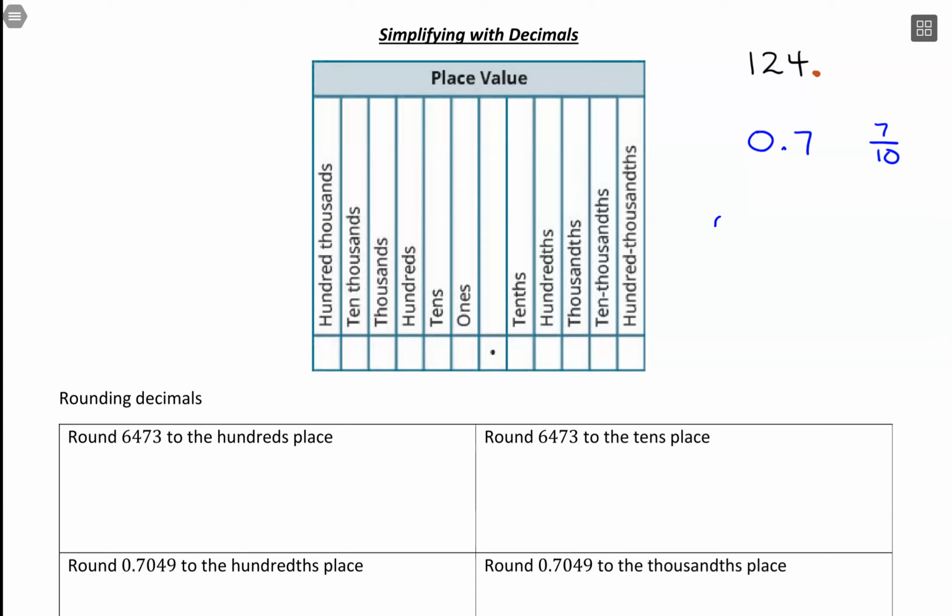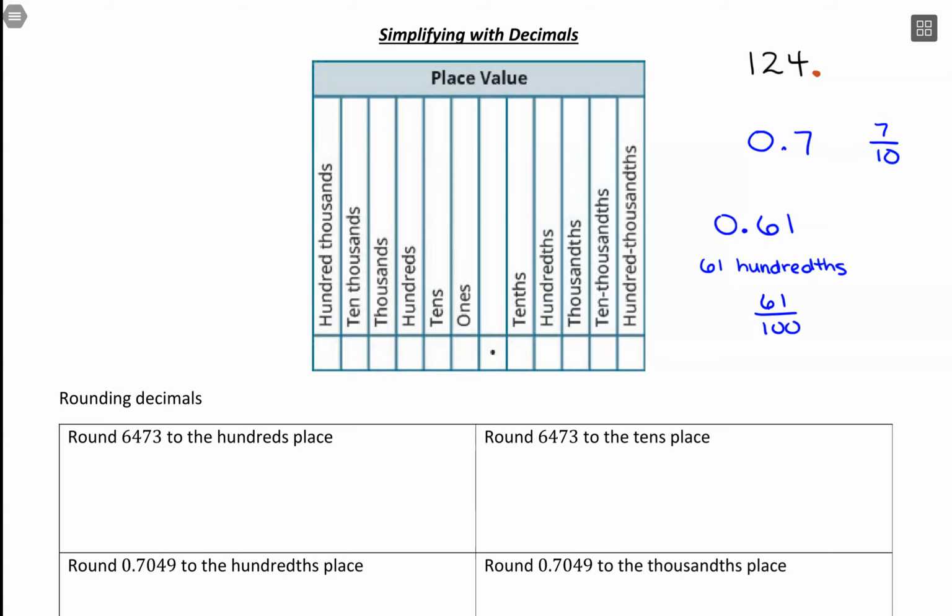So hundredths, let's say I had 0.61. This would be read as 61 hundredths, which would be written as 61 out of 100. So these decimal values do relate to fractions, and a fraction that's less than 1. That's what's coming through in these places out here.